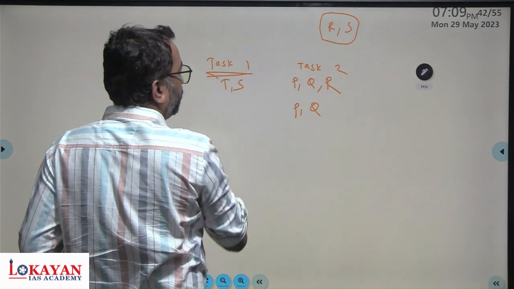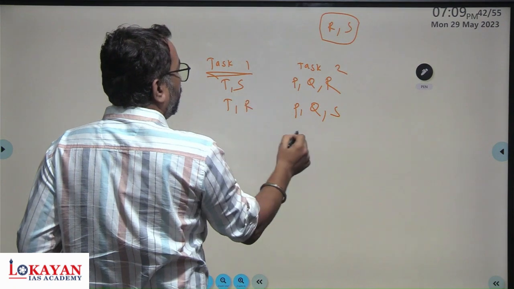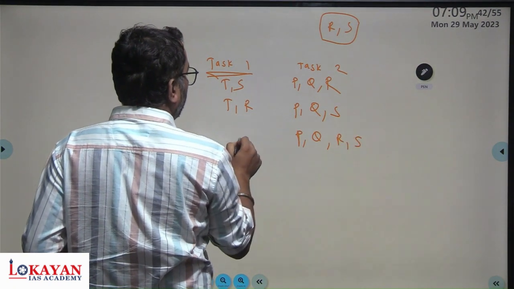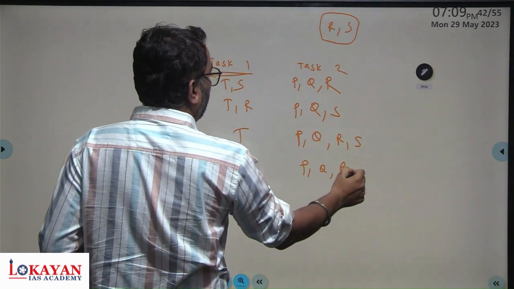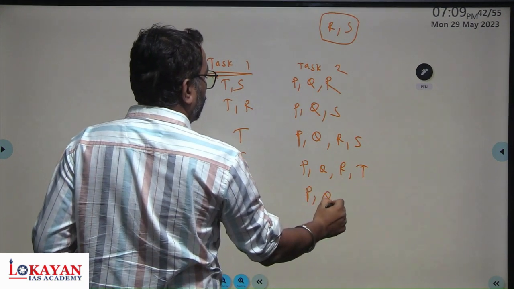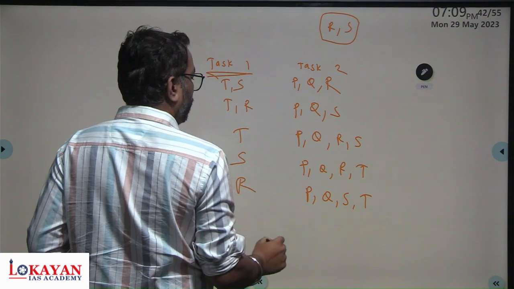T and S. अगर मैंने यहां S लिया तो T and R. और क्या बचेगा? P Q R S यहां पे लिया तो यहां पे सिर्फ T बचेगा. P Q R T यहां पे लिया तो यहां पे S बचेगा. P Q S T लिया तो यहां पे R बचेगा.